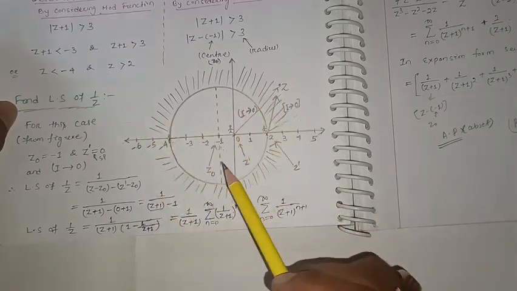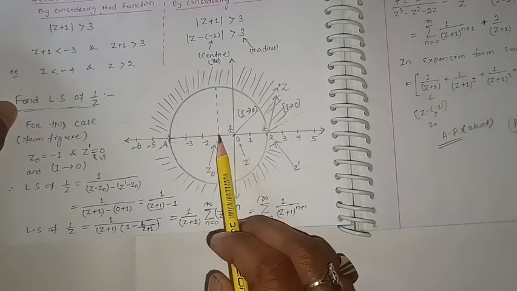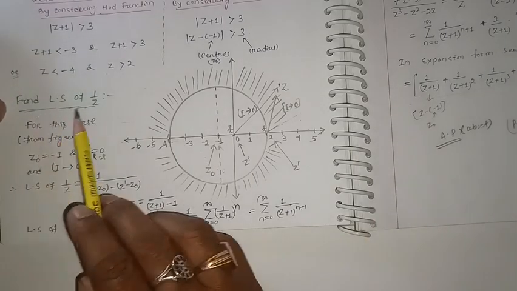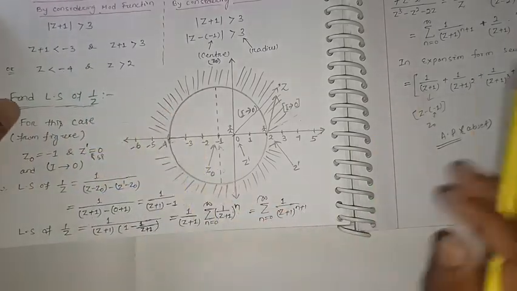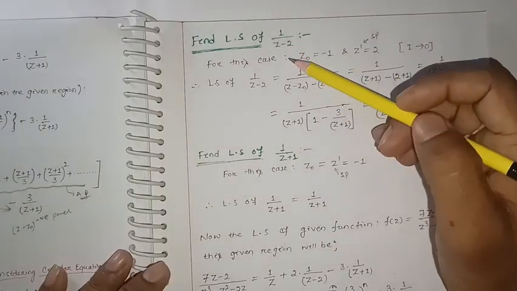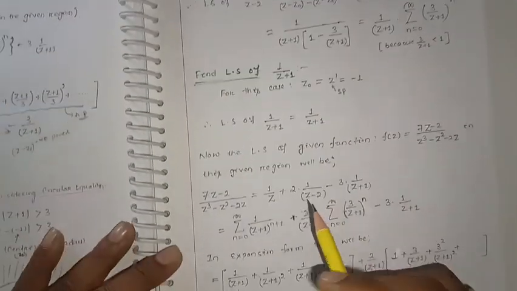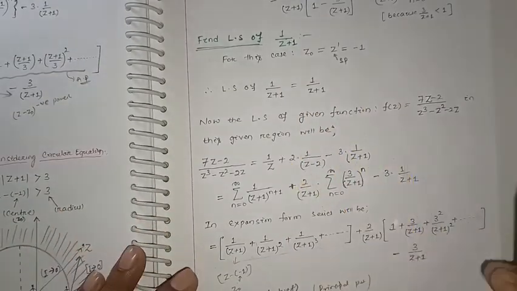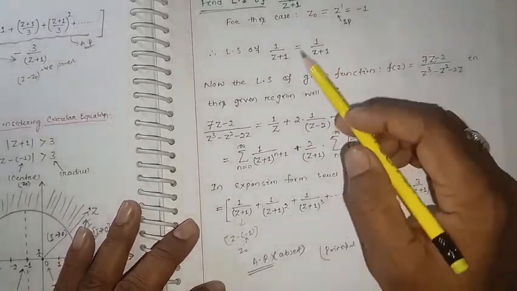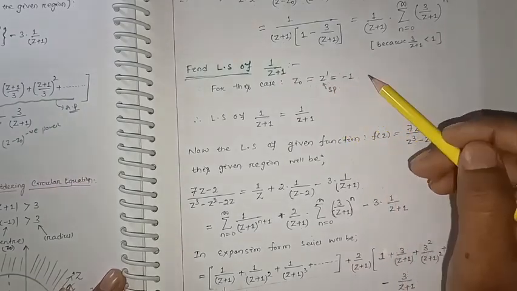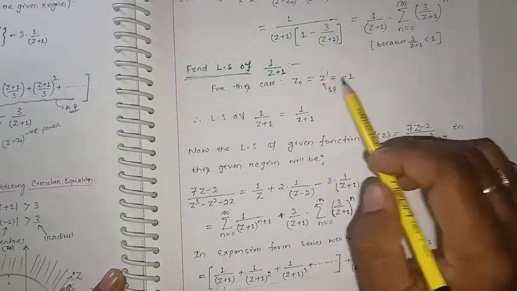The region is this one, the outer region. -1 is the center, and we have to consider this outer region. The Laurent series of 1 by z in this region we determined. The Laurent series of 1 by z minus 2 in this region has also been determined. The Laurent series of 1 by z plus 1 we found the same, because we take the Laurent series of 1 by z plus 1 about z0 equal to -1, and z dash is -1, because z dash is the singular point of this function.